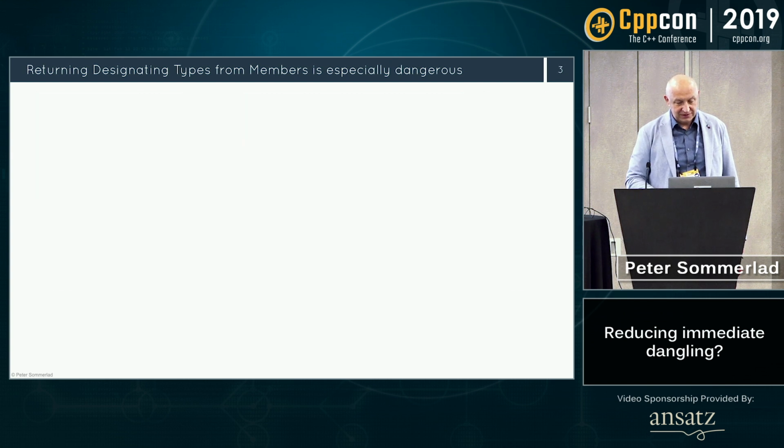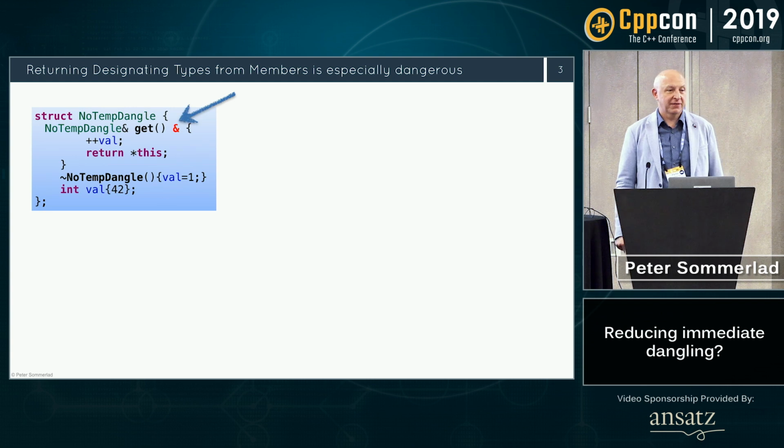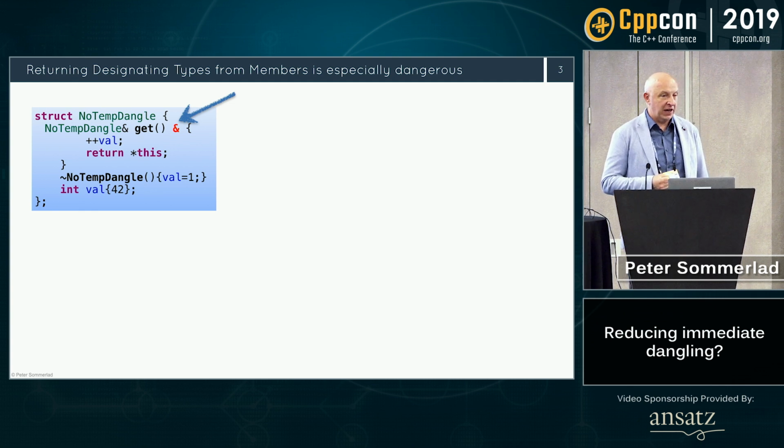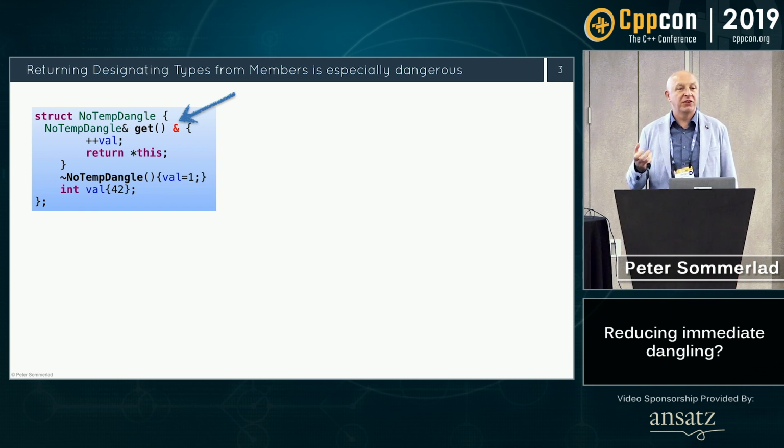Now, we can repair that. If we have a member function that returns something from the guts of an object, like star this or data managed by the object, we can make sure it's never called on a temporary by making it ref qualified. That's a feature we introduced in C++11 and have not yet adopted in the standard library throughout, where it might be very reasonable to have it.